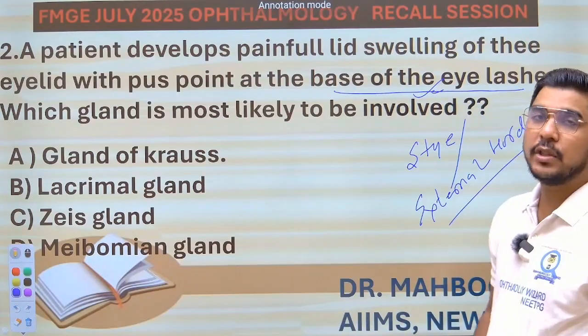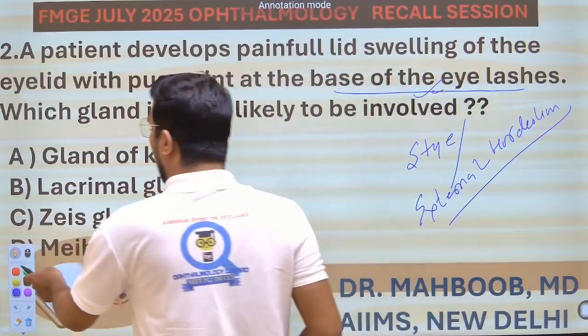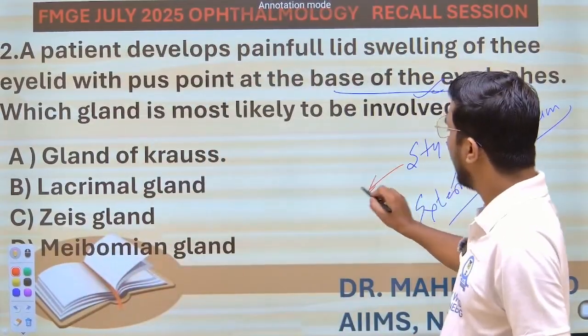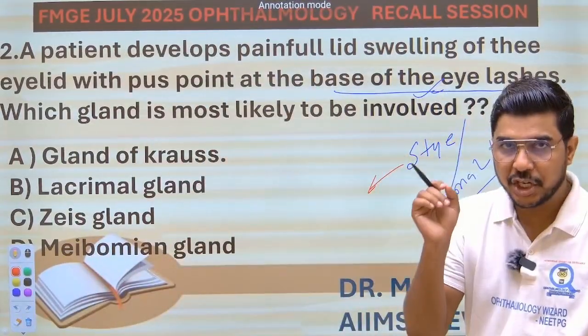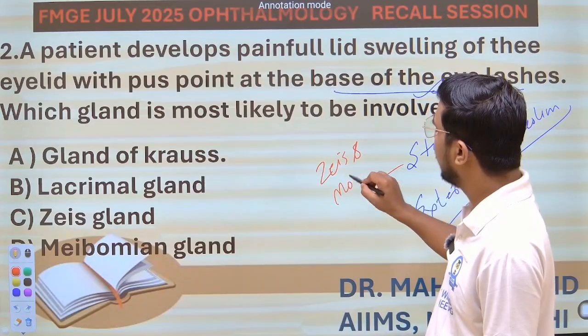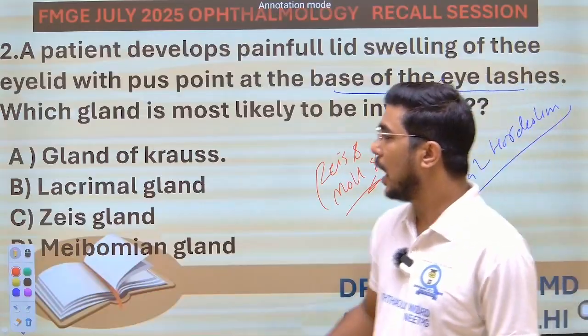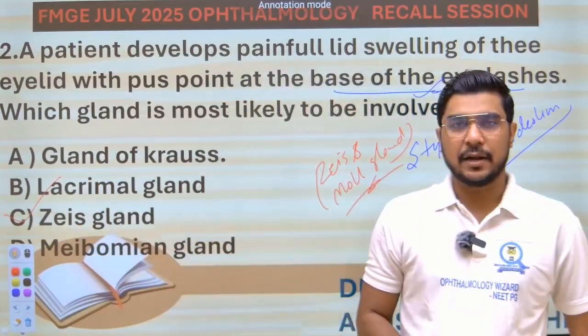And you know that the stye or external hordeolum is caused by the inflammation of Zeis and Moll's glands. So what will be the answer here? The answer will be gland of Zeis.